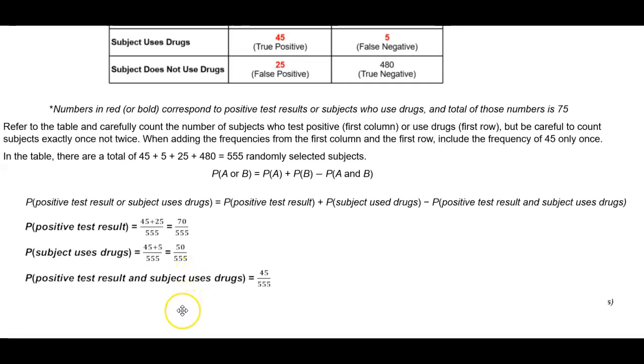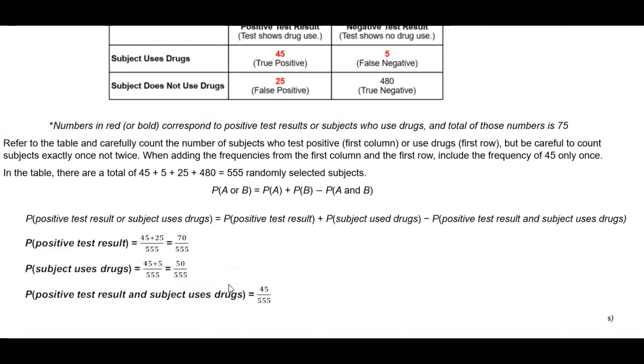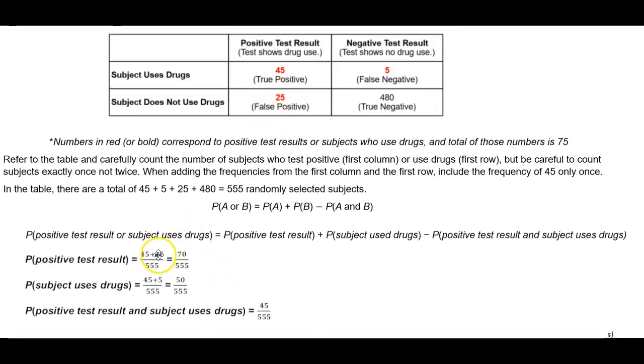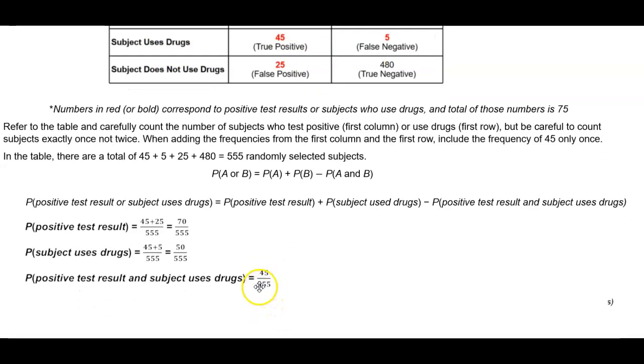Now we need to find the probability of the positive test result and the subject uses drugs. Well, what number applies to both scenarios? 45 is the number of subjects who use drugs and have a positive test result. So we write that as a fraction of 45 over 555.